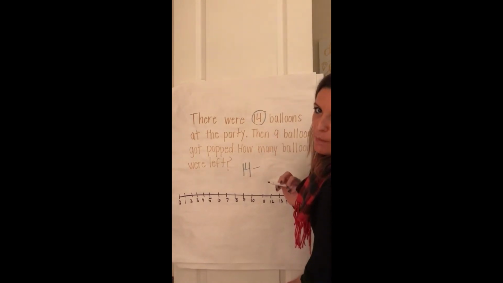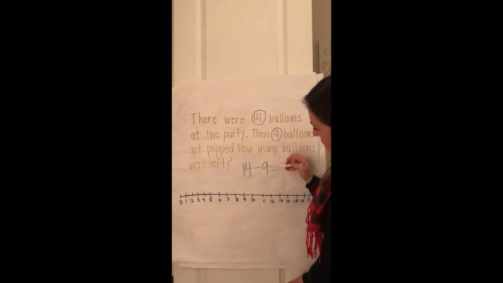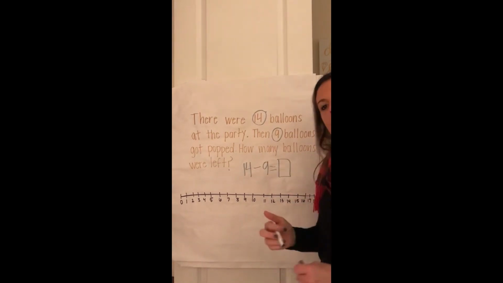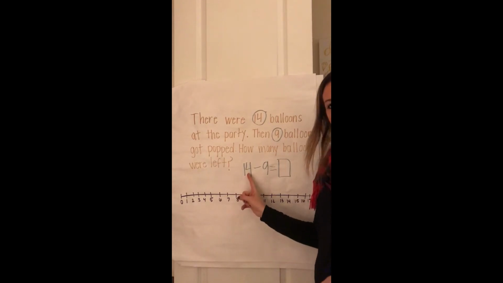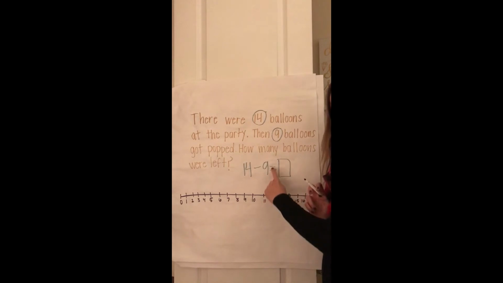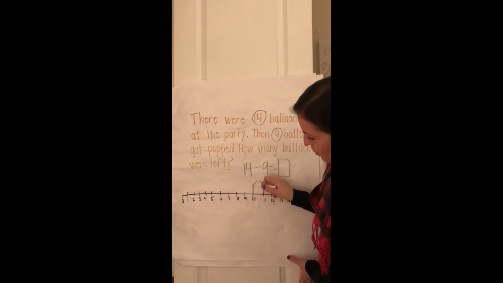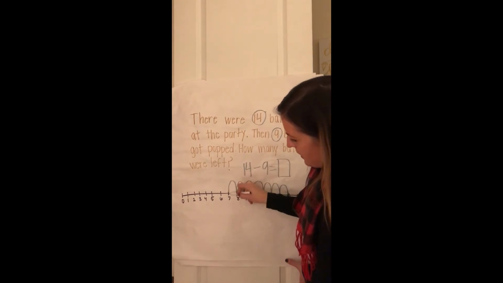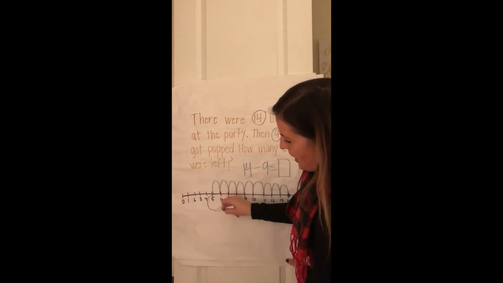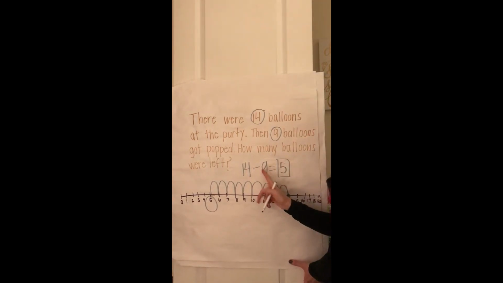And how many of them popped? We know that 9 popped. 14 minus 9 equals box. So we will start at the number 14, put our dot, and make 9 hops backwards. 1, 2, 3, 4, 5, 6, 7, 8, 9. I circle my answer, and 14 minus 9 equals 5.